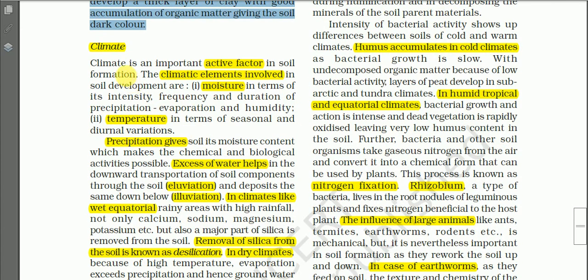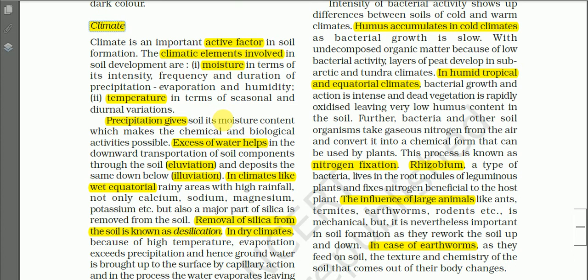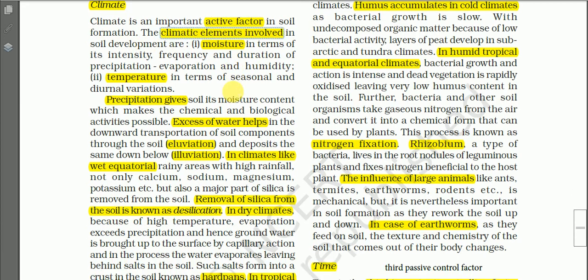Next we have climate. Climate is an important active factor. It acts on the parent material and on the landform. So climate is an active factor in soil formation. The climatic elements involved in soil development are moisture, that is precipitation, in terms of intensity, frequency and duration of precipitation.